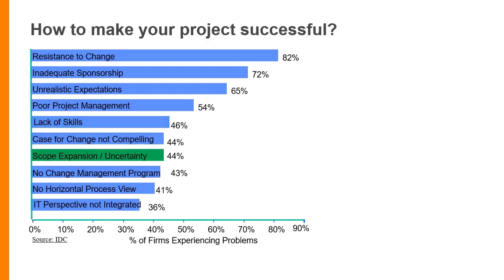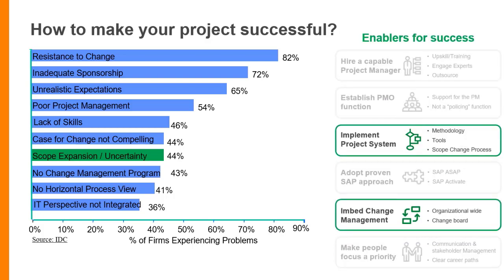Also, we could say we have one that says scope expansion uncertainty. So how will we deal with this one? Well, scope expansion uncertainty, definitely we want to have a project system. Why? Because the methodologies, the tools, the scope change process will all help to bring transparency and clarity of what is going to happen and what will happen if there is a change or the scope suddenly has to be expanded or changed in any shape or form.